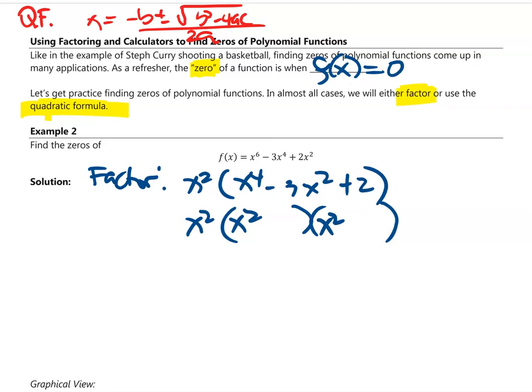Can you find two numbers that multiply to positive 2 and add to negative 3? Yes, that is negative 1 and negative 2, because negative 1 times negative 2 is positive 2, and negative 1 plus negative 2 is negative 3. So these are the correct factors.